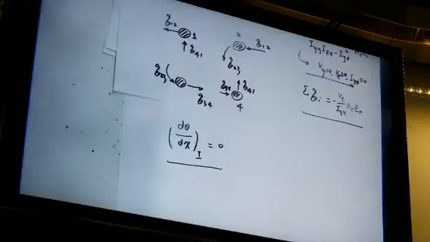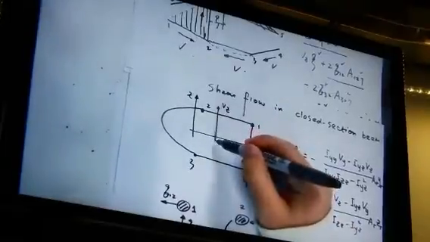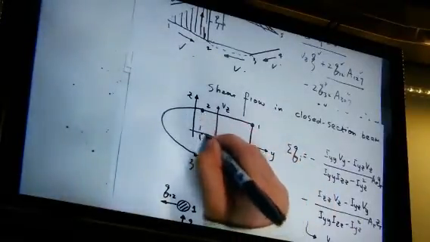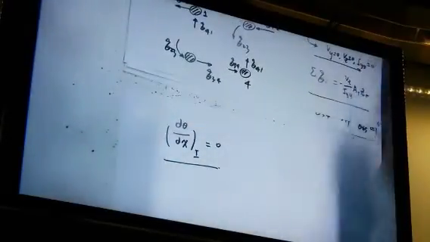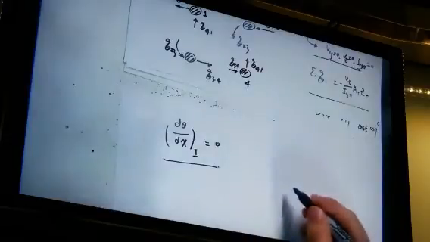So this equation means if you apply your shear force on the shear center, there will be no twist. Twist means d theta dx will be 0. D theta dx is the twist angle.